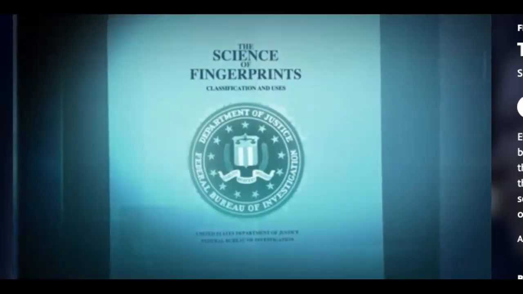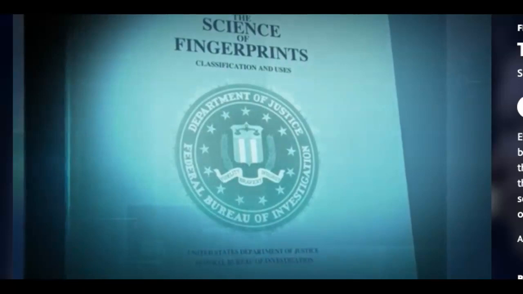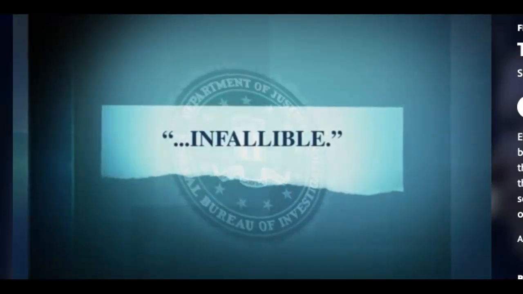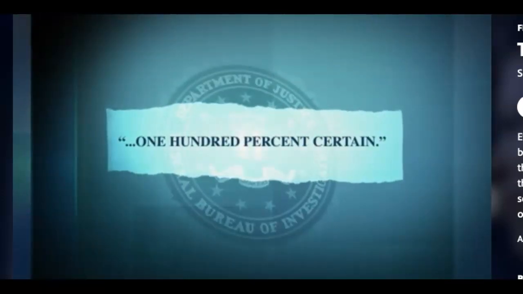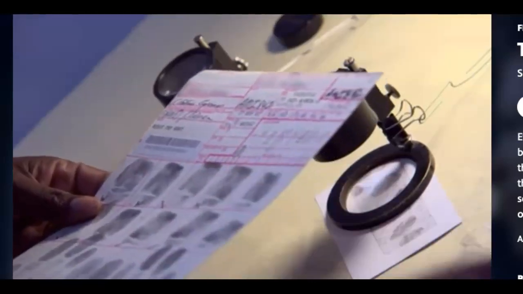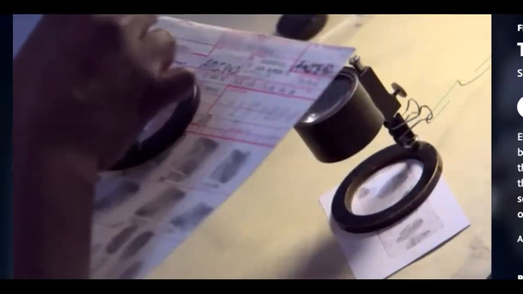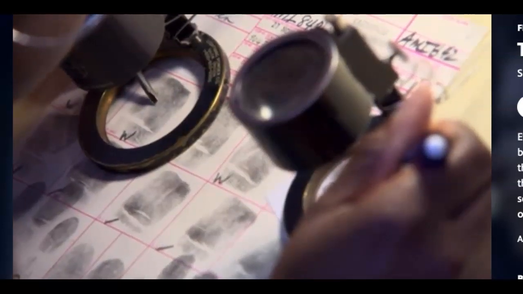For generations, the FBI and their fingerprint examiners have maintained that fingerprint identification is infallible, routinely testifying that they are 100% certain and there's 0% chance they could be wrong. Fingerprint examiners have been taught that there's only one person in the world who could have left this fingerprint. There's no scientific basis for that. Wait a sec.